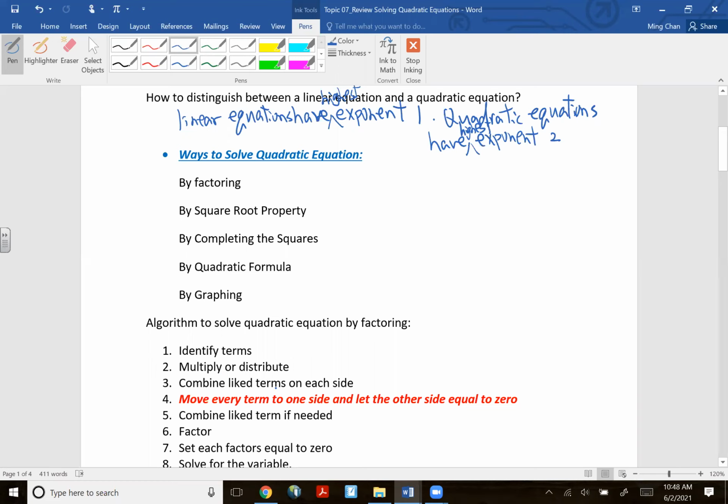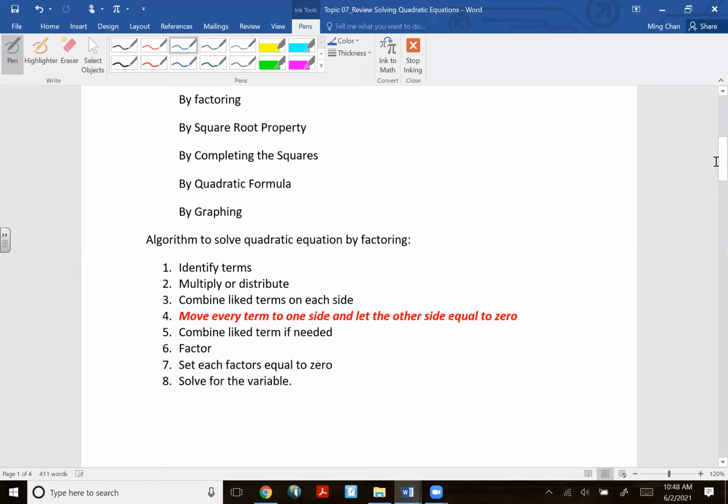Identify your terms, distribute or multiply, combine like terms on each side. Step number 4 is where it's different. In step 4 for a quadratic equation, we have to move every term to one side and let the other side equal 0. And which side should you move the terms to, left or right? Well, that depends on the square term.